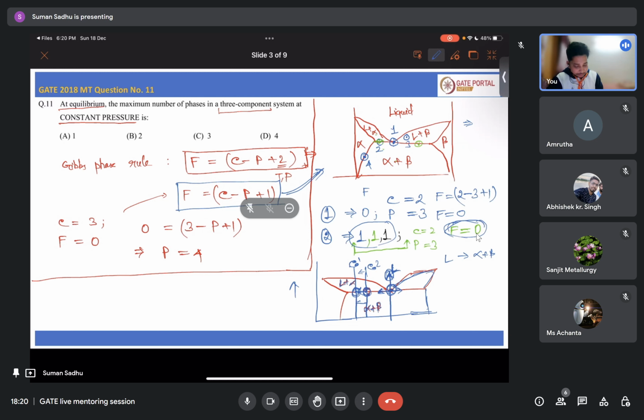You can move along this line and still you will be at the same kind of equilibrium situation, right? Because liquid, alpha and beta all will be in equilibrium, but still you have degree of freedom 0. Why? Are we really changing the composition when we are going from this location to this location?